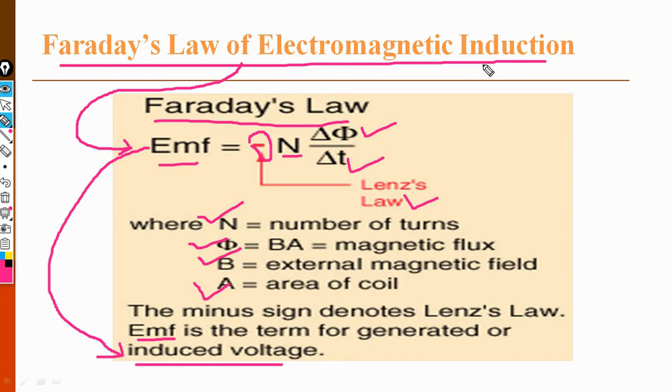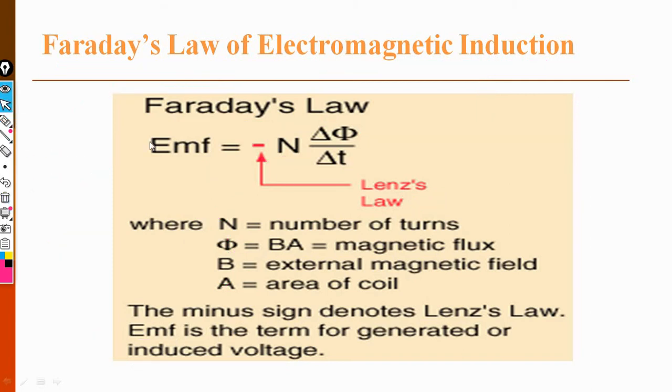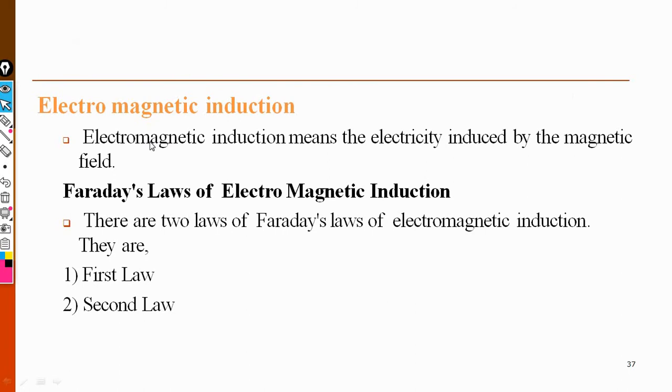Then also Faraday's law of electromagnetic induction is classified into two types, that is the first law and the second law. Now we have to explain Faraday's first law of electromagnetic induction. Faraday's law of electromagnetic induction depends on electricity, and this electricity is induced by a magnetic field.